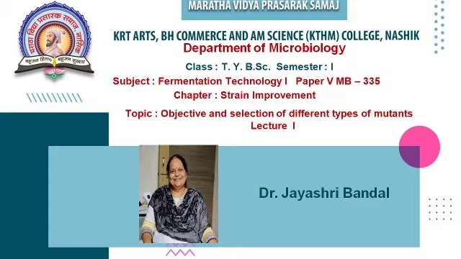In this lecture, we are going to study the details of strain improvement, that is chapter 1. The unit 1 of this chapter includes objectives and selection of different types of mutants. In the previous lecture, we have discussed the objectives of strain improvement and approaches of strain improvement.